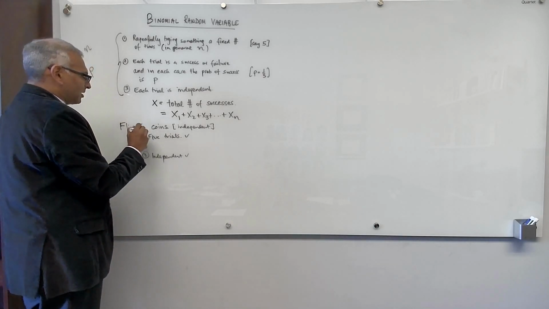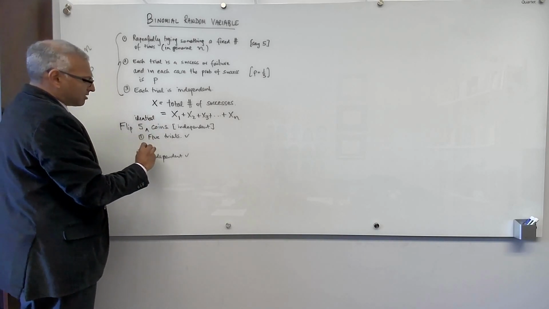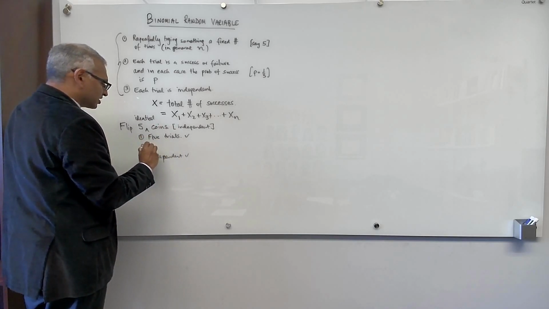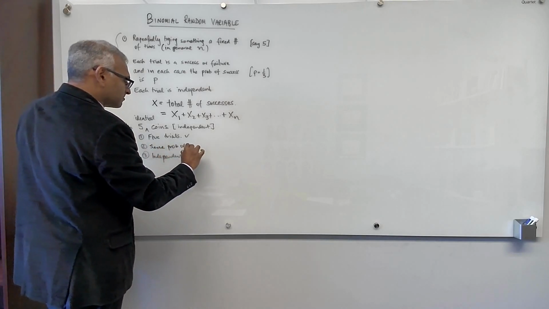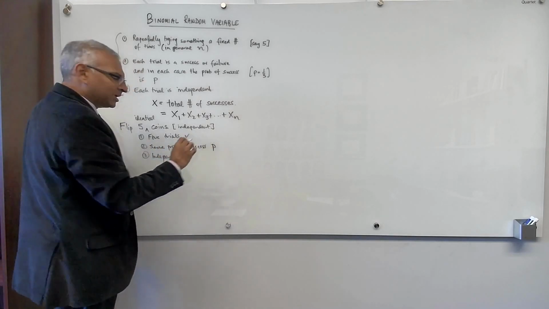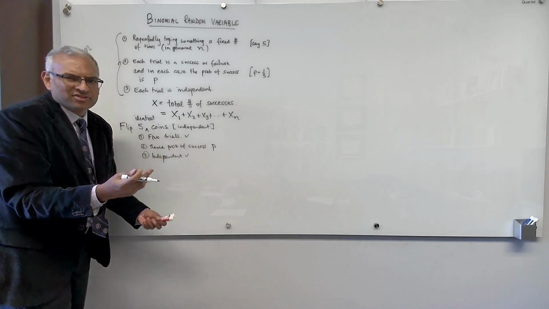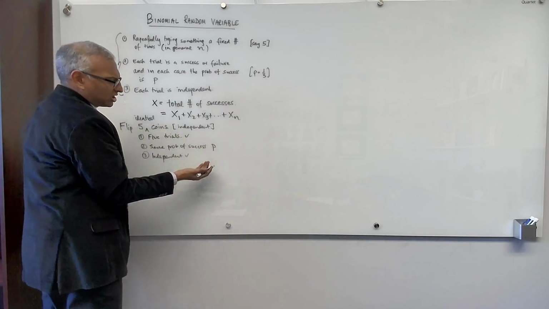So typically we will say flip 5 identical coins. Then there's the same probability of success for each trial. We'll call that probability of success p, and p will equal a half if it's a fair coin. But in general it can be a biased coin, and in general we will call it p.